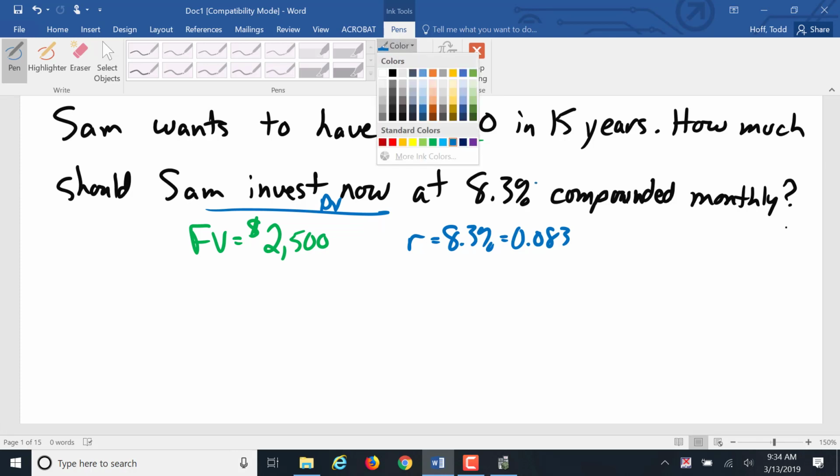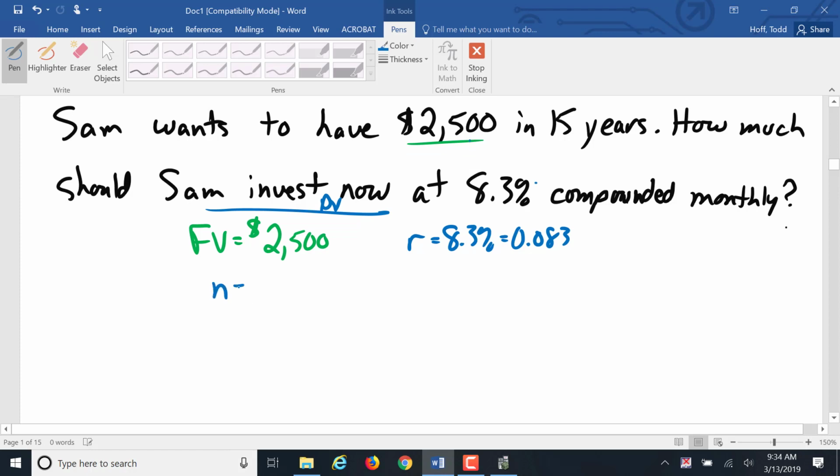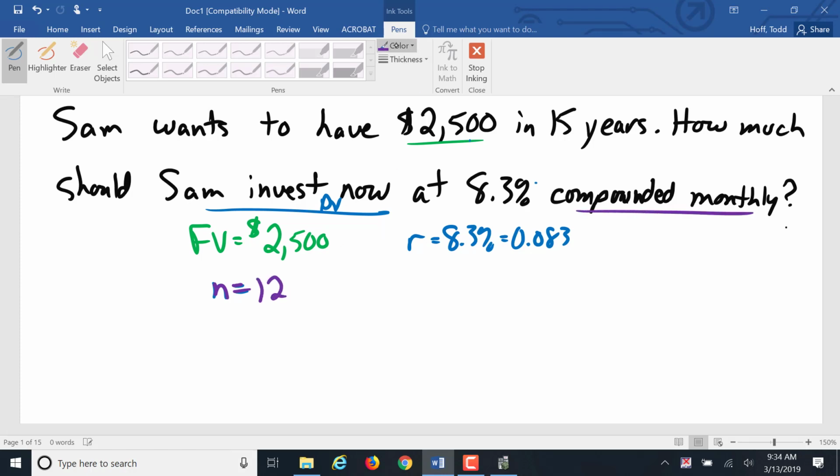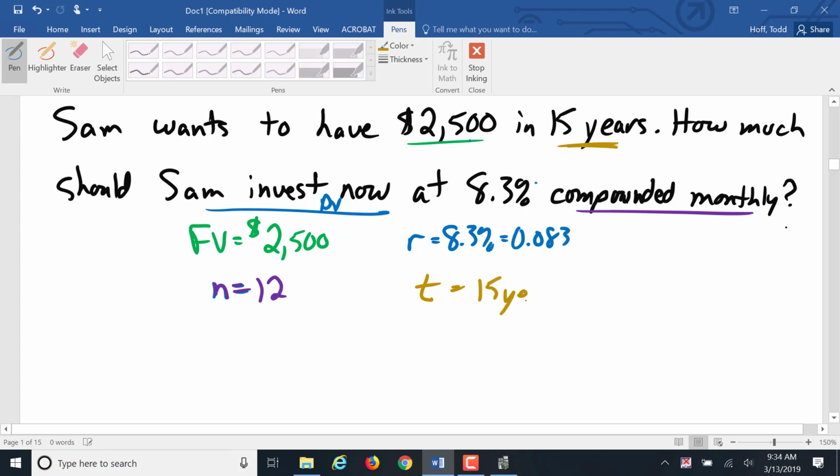N here, compounded monthly, tells us N is 12. And time, T, is 15 years.